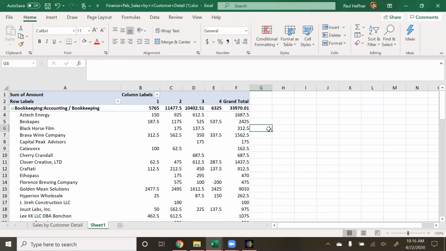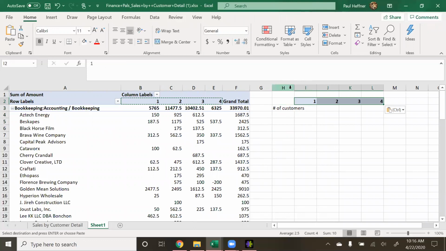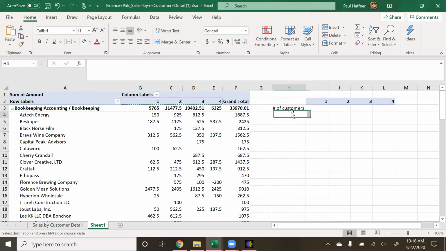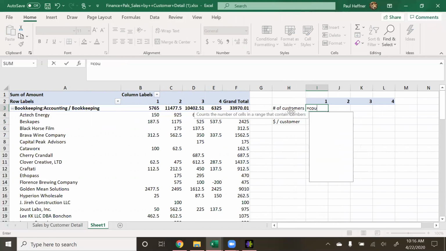So when I look at this, actually, sorry, let's just do the summary here. This is the months. This is the dollars, and then we'll do dollar per. We'll do a quick count function here.